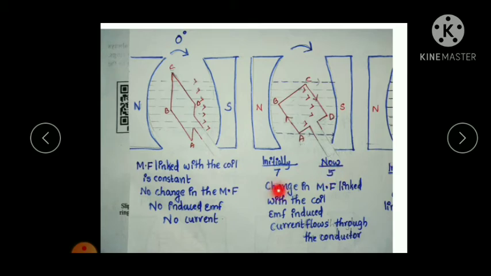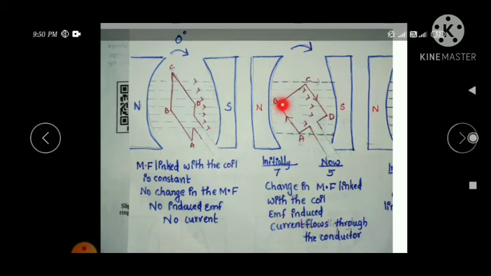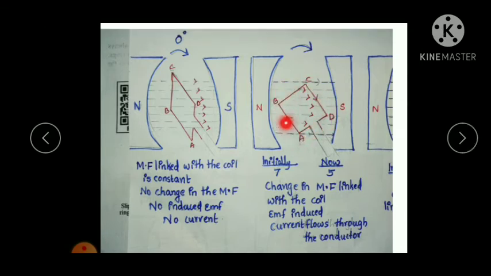So there is a change in magnetic flux linked with this coil. Hence there will be an induced EMF. Therefore, the current flows through the conductor. So there will be an induced EMF in this coil.